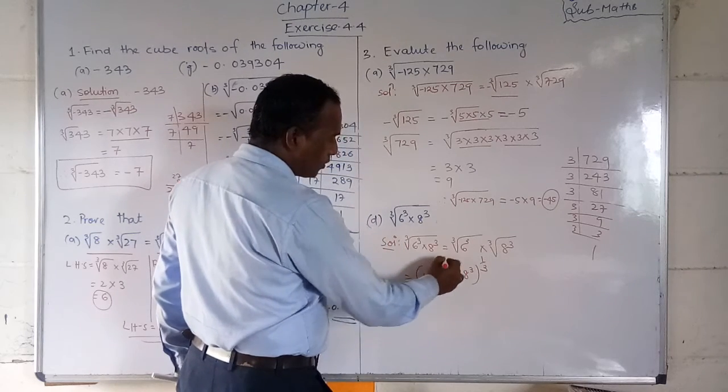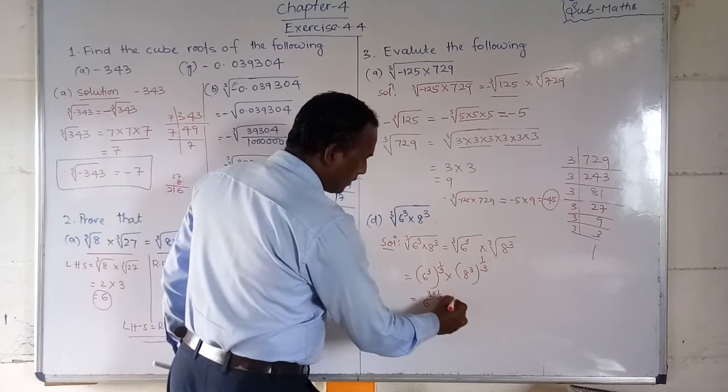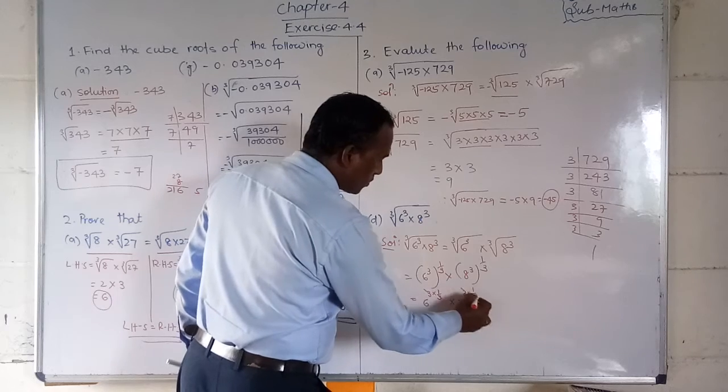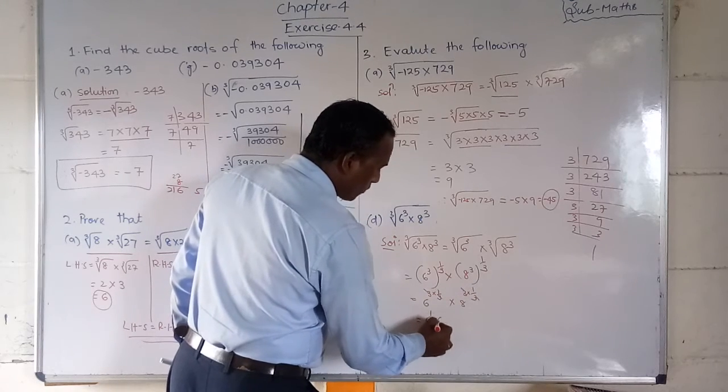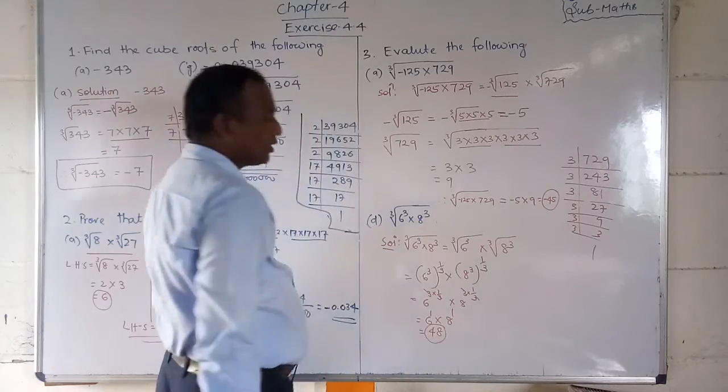Power to power you multiply, so 6 power 3 into 1 by 3 into 8 power 3 into 1 by 3. How much will we get? 6 power 1 into 8 power 1, 48. This is our answer.